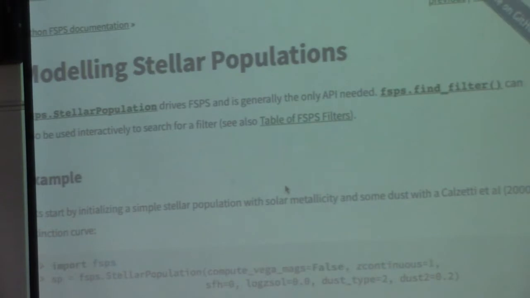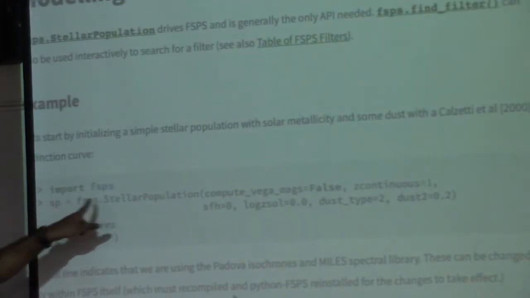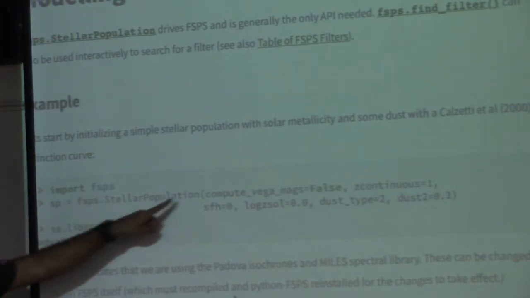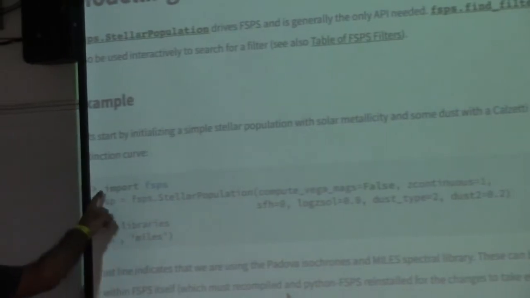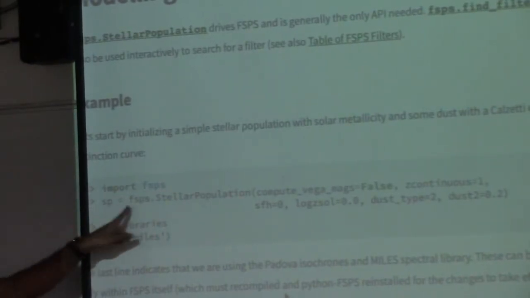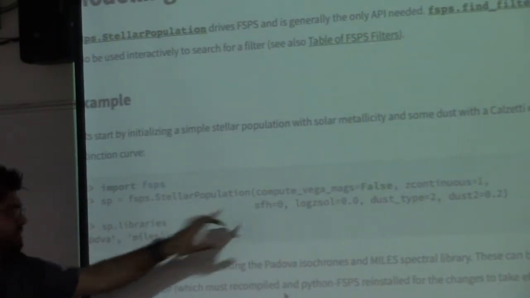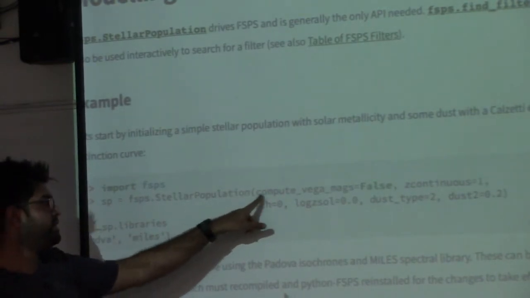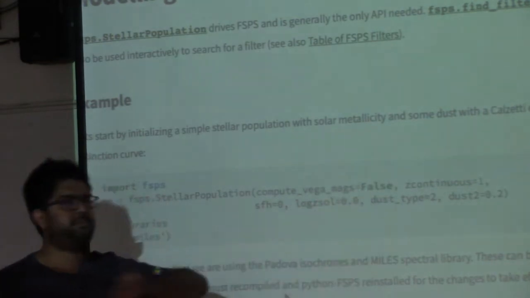If you go into the modeling stellar populations part, it tells you how to make a simple stellar population by giving certain parameters. First you import FSPS, then you do FSPS.StellarPopulation, which means you're now generating a stellar population, and afterwards you're giving parameters of your stellar population.